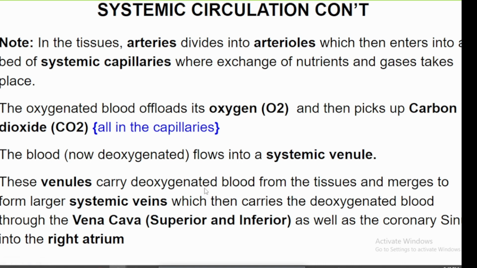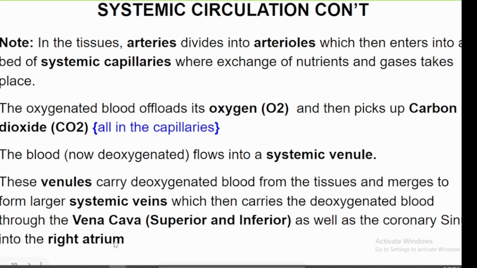Now these venules carry deoxygenated blood from the tissues and merge to form larger systemic veins, which then carry the deoxygenated blood through the vena cava, which is the superior vena cava and the inferior vena cava, as well as the coronary sinus. We said that the coronary sinus collects deoxygenated blood from the heart walls itself into the right atrium.